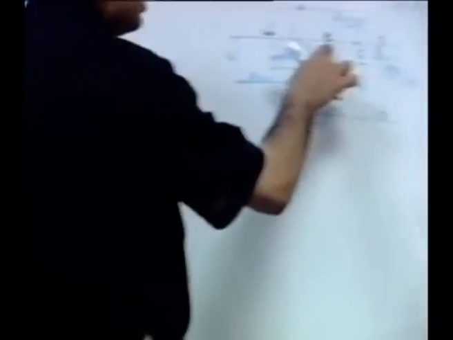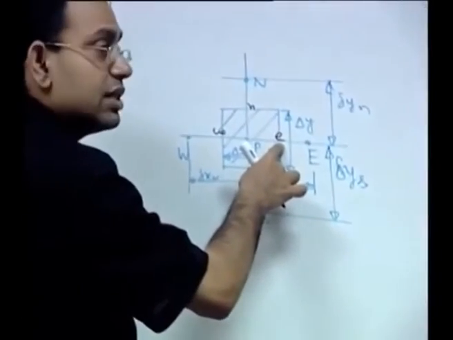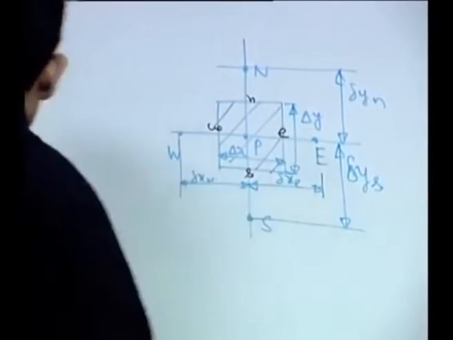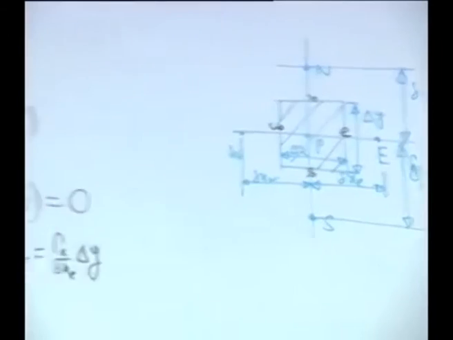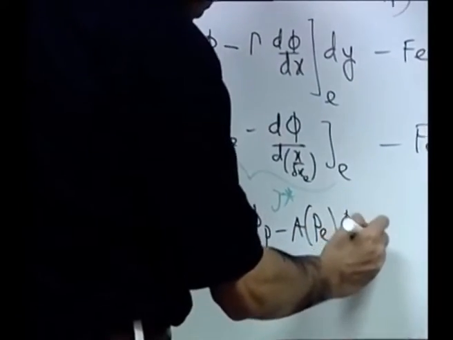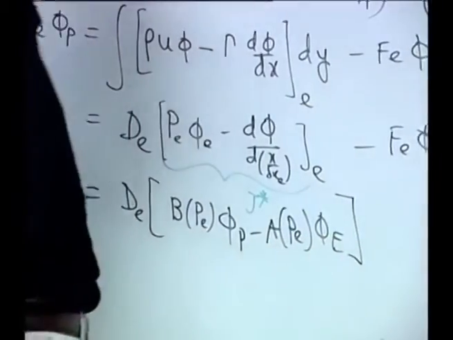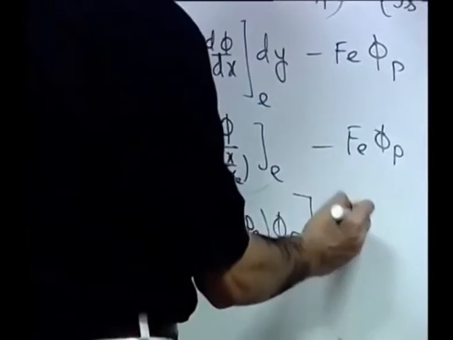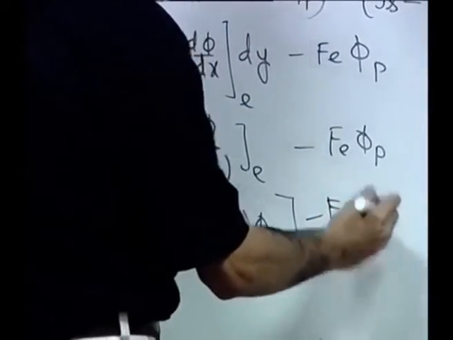You are considering the phase small e. So, what is I and what is I plus 1? I is P and I plus 1 is capital E. So, B phi P minus A phi E, minus Fe phi P.